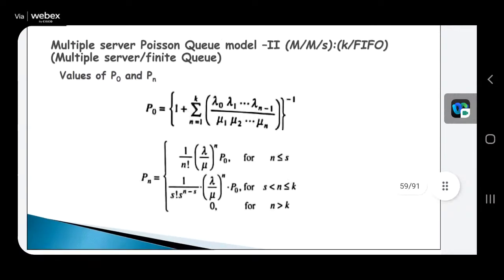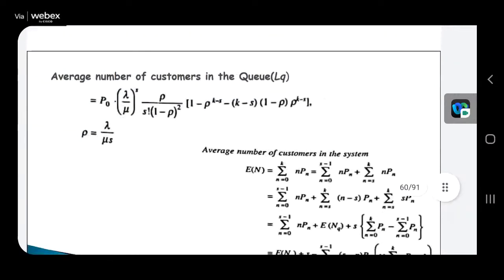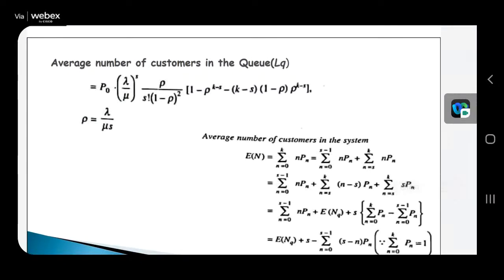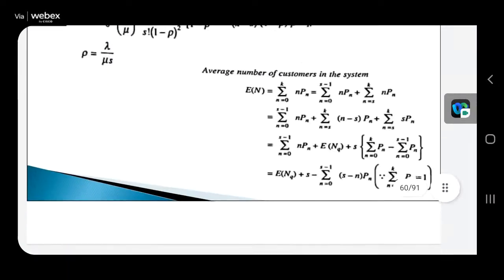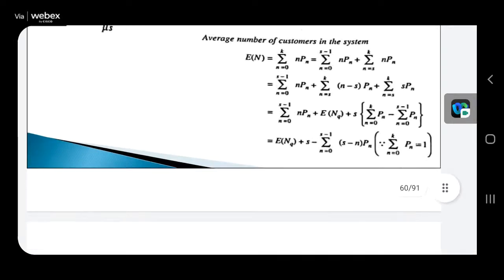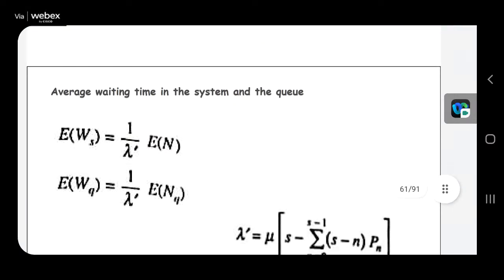So please do note P naught, Pn, the average number of customers in the queue, LQ, and EN. You have the last line of the formula, that is important. This is the derivation, how we obtained it. Again here lambda dash will come into the picture whenever you are limiting the customers entering the system.